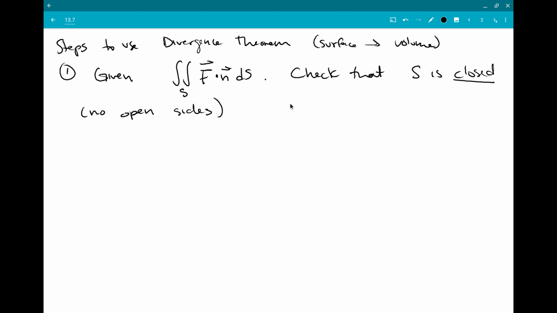If you see those things, you know that this is a Stokes' theorem problem. And if you want to get in the practice, you could check if F is continuous. Just make sure you're not dividing by zero anywhere, or taking funny square roots of things.